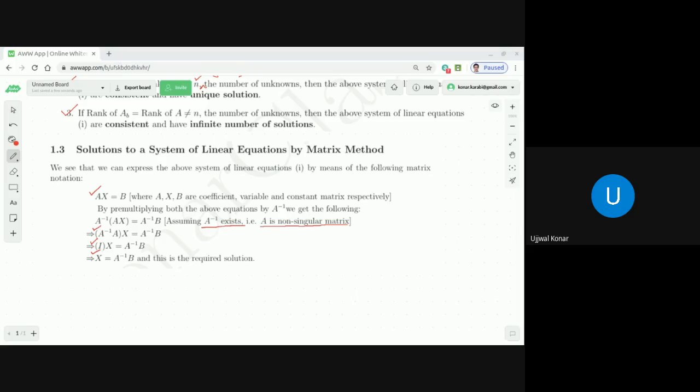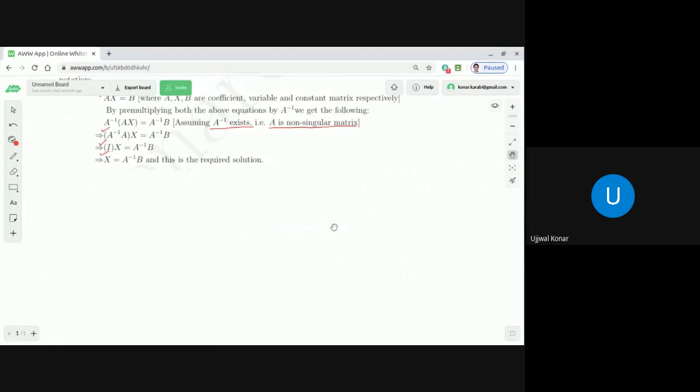Now, let's see how we can find the solution. Let us take an example to see how we can solve the system of linear equations using the matrix method. For that, dear students, I am taking the assistance of this example.